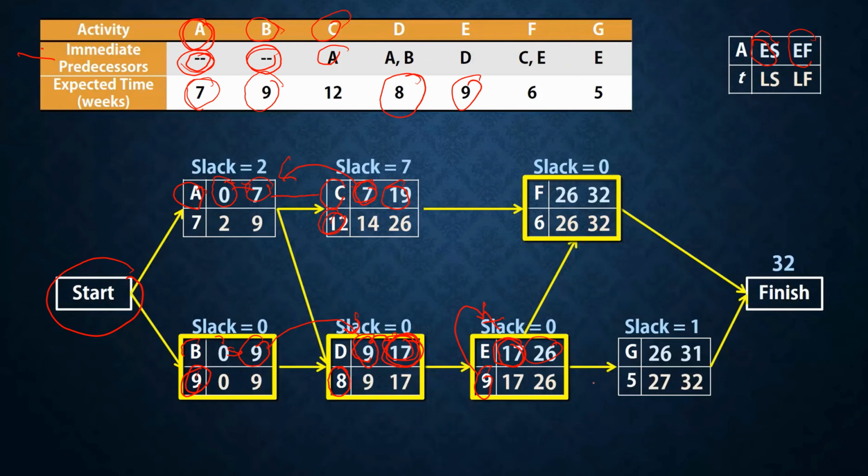G requires A to start, so we'll start immediately after A. So early start is 7 and G requires 5 weeks of processing. 5 plus 7 is 12.